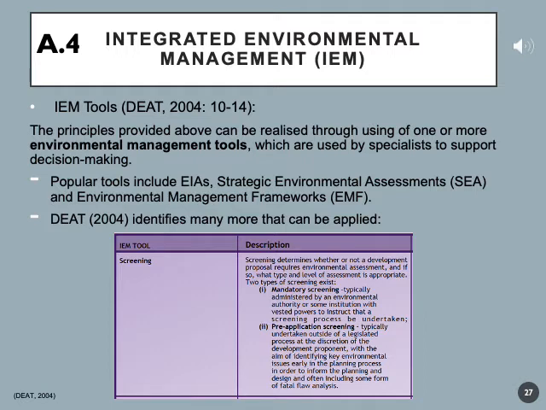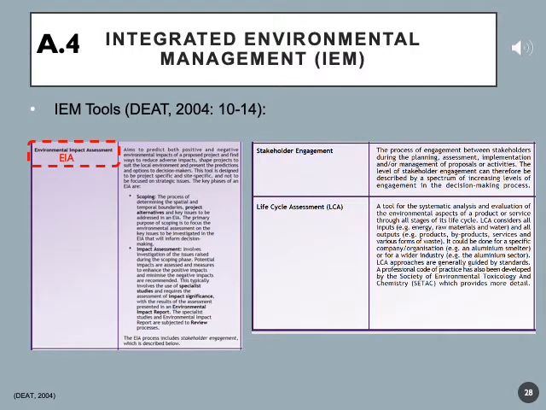Screening is the first step to the regulated EIA process in NEMA, but we'll get to that as well. Then there is the environmental impact assessment, which is very well known. Then there's stakeholder engagement as a tool, and then there's the life cycle assessment as well.